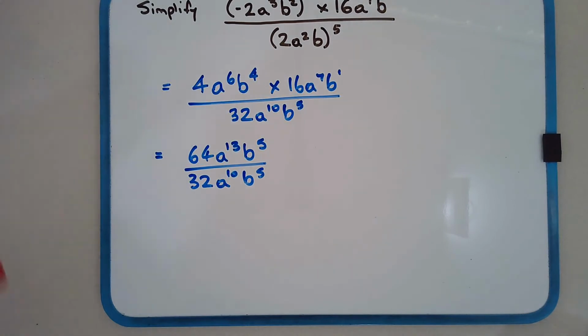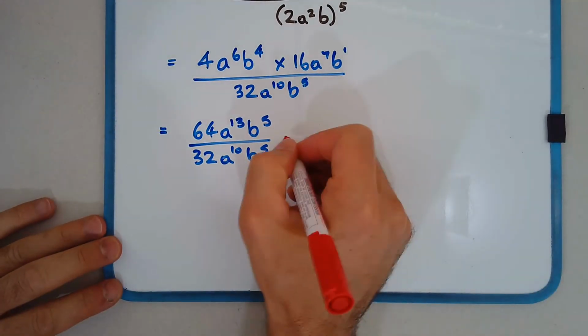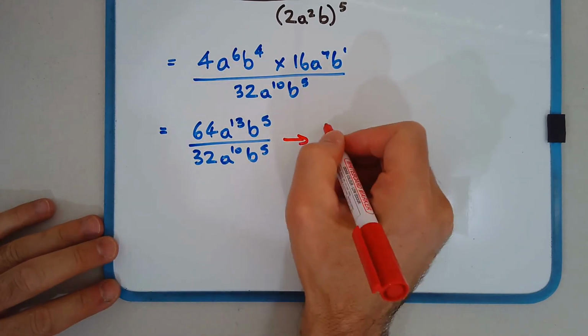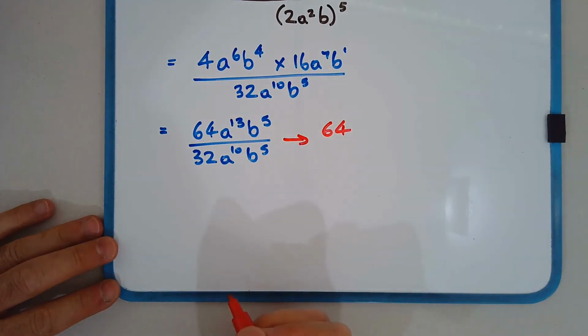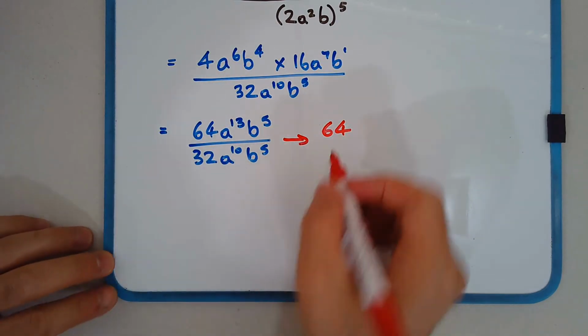Now at this point I'm going to break this up a little bit further. I normally don't do this in working out, but just to help your understanding a little more, a fraction can be expressed as a product of separate fractions. So a fraction that looks like this can be broken up.